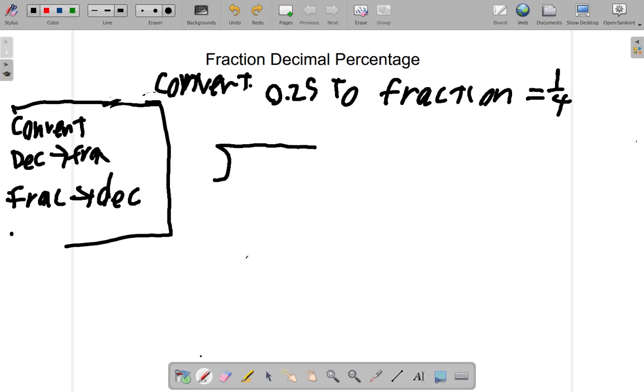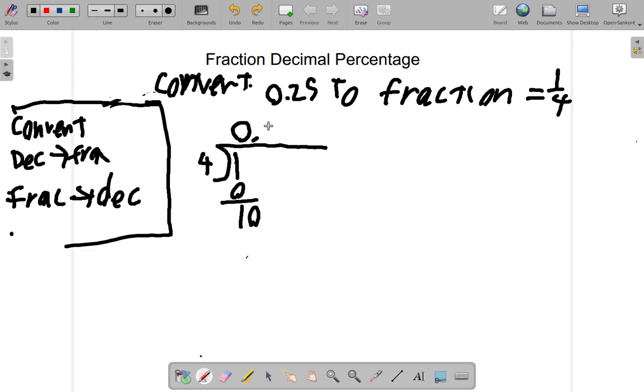Have a long division sign, you say 4 into 1. 1 is smaller, so you can't. It's going to be a 0 point something. 4 into 1 is 0. 1 minus 0 is 1. Now, you add a 0 to get the next place. 4 into 10.